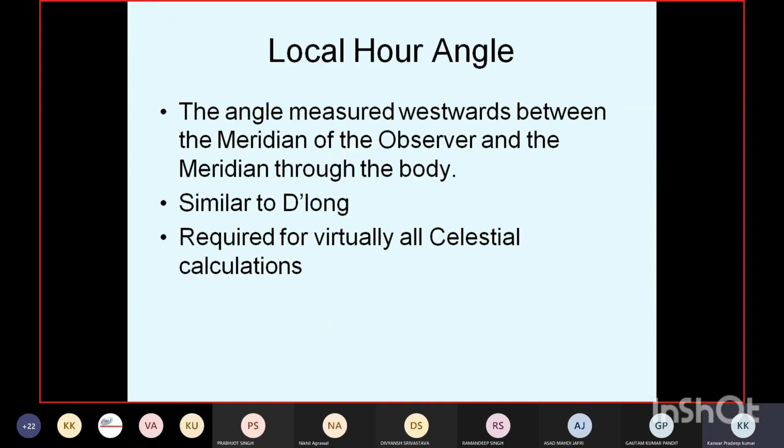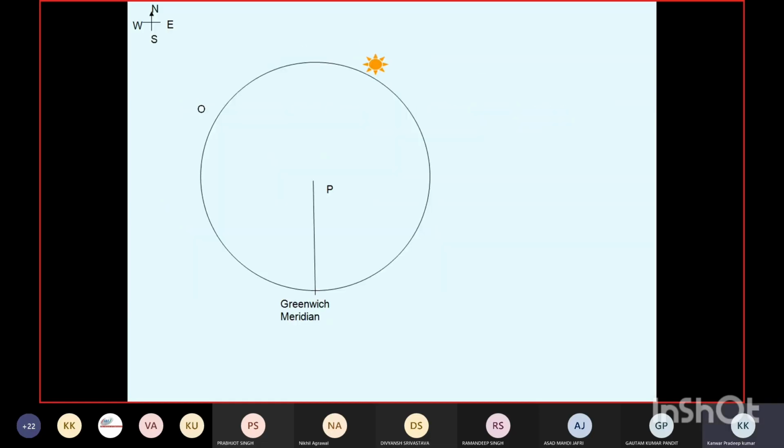Now we come to local hour angle. Angle measured westwards between the meridian of the observer and the meridian through the body. Similar to D long, required for virtually all celestial calculations. So pole and Greenwich, west longitude, because the observer is to the west of the Greenwich meridian. Greenwich is 0 degrees, you know that.